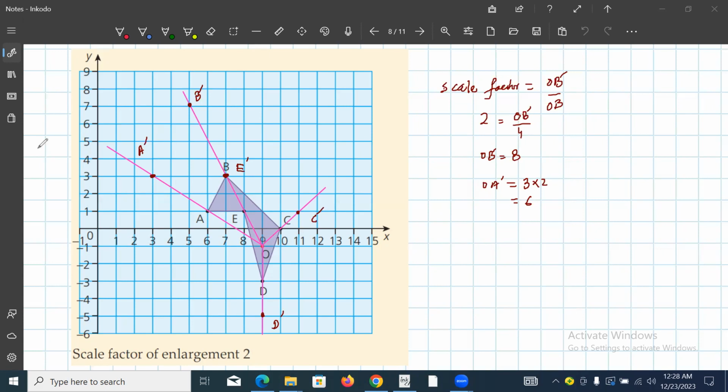At the end, we just connect all these points with the help of a scale, so that we can find A dash, B dash, C dash, D dash, E dash, the new enlarged shape. So connect all these points.